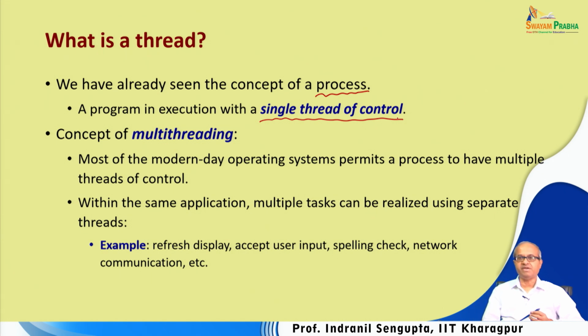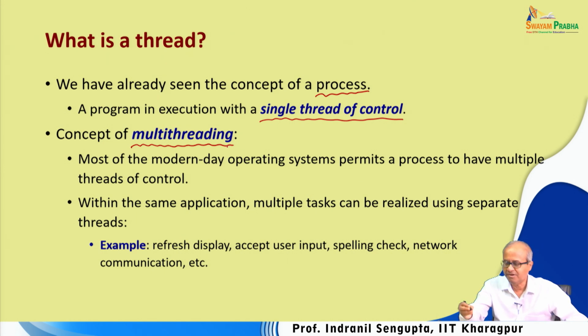But talking about threads, we are actually talking about a slightly different scenario, which is called multi-threading. Because if it is a single thread, there is no difference from a process. The difference comes when you talk about multiple threads. Most of the modern operating systems support multiple threads, specifically meaning that a single process can have multiple threads.